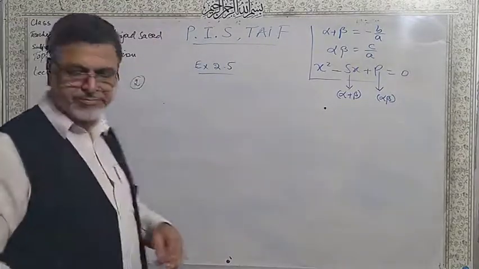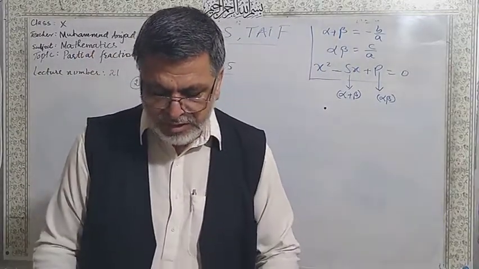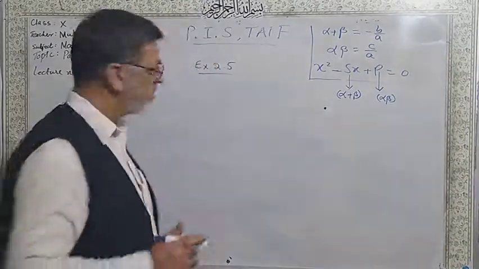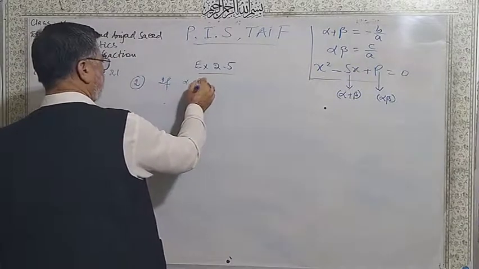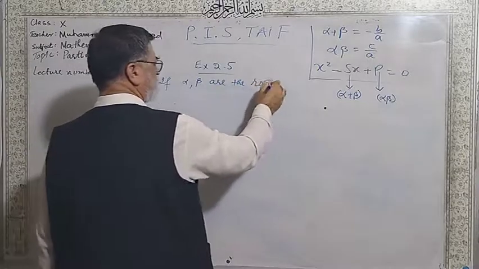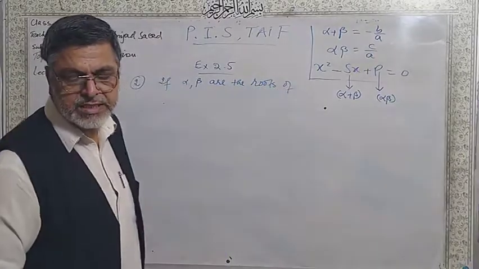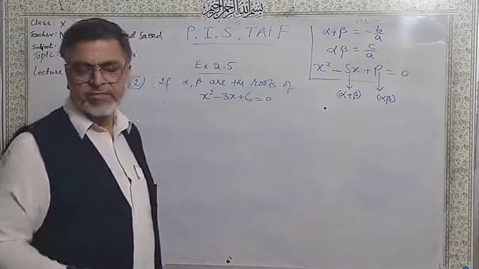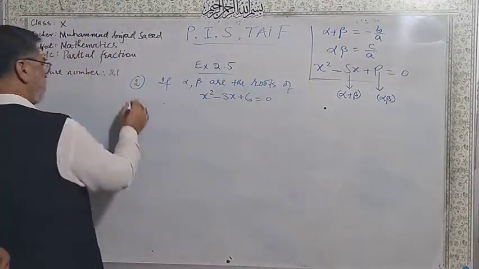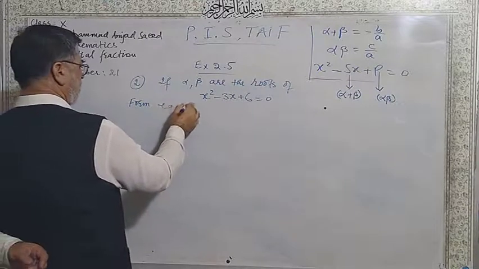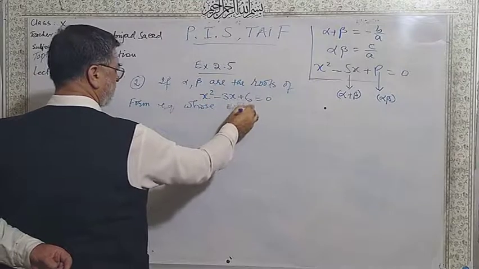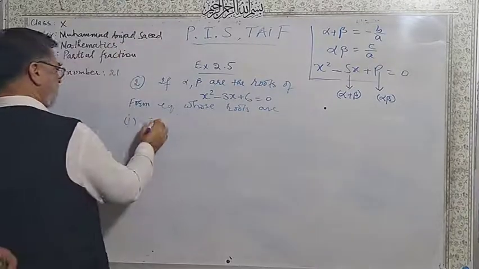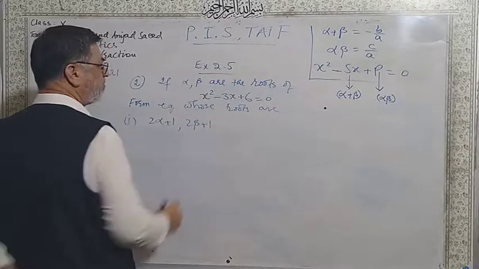In question number 2, if alpha beta are the roots of the given equation x square minus 3x plus 6 is equal to 0, form equation whose roots are, number 1, 2 alpha plus 1 and 2 beta plus 1.